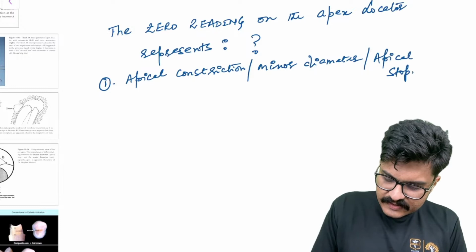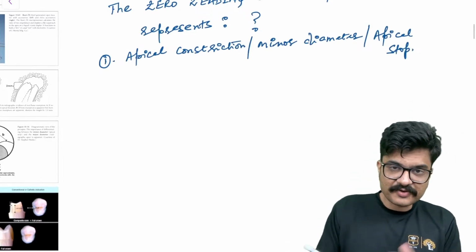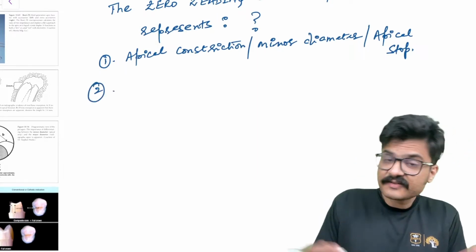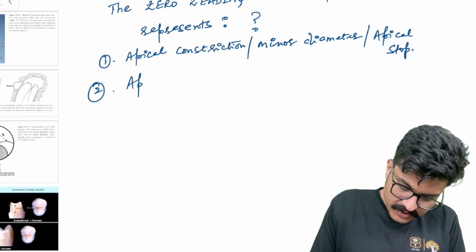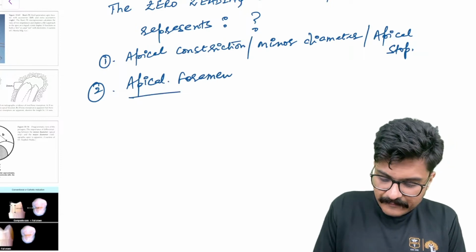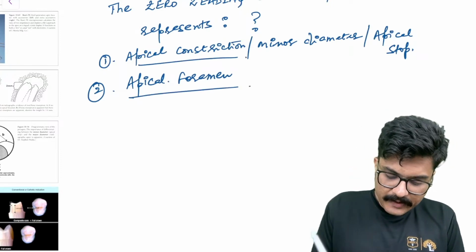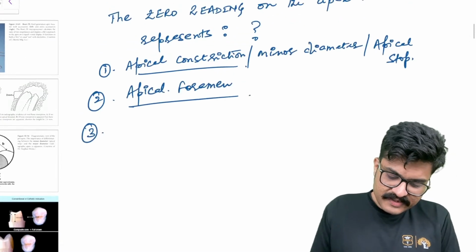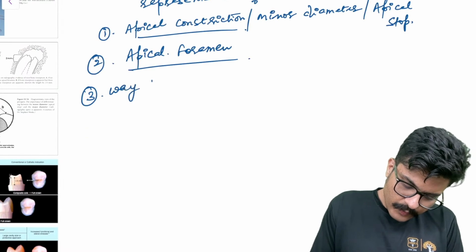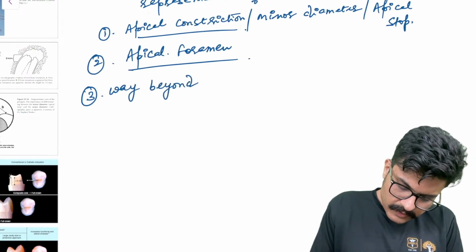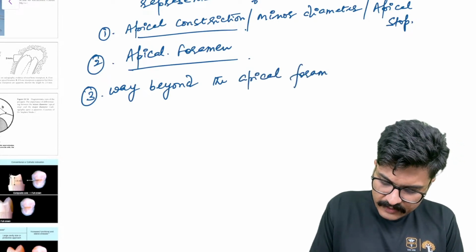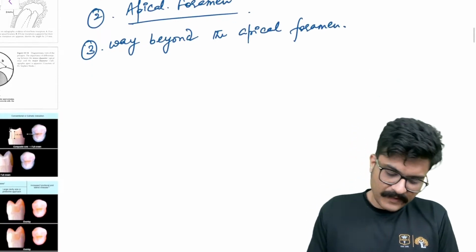I'm writing these synonyms here so that you don't get confused, because the examiner can pick up any term. Then, does it represent an area near your apical foramen? Or does the zero reading represent that you are way beyond the apical foramen, meaning you are in the periapical spaces, right?